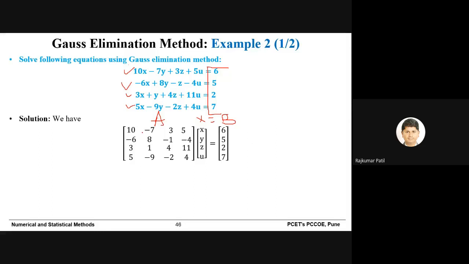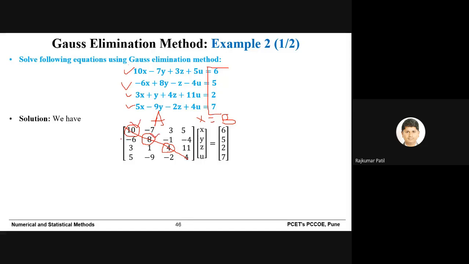So when you prepare a matrix, yes, first step is make sure that the diagonal elements are non-zero, especially A11, A21, and A32. Sorry, 33. So these terms, make sure that they are non-zero.